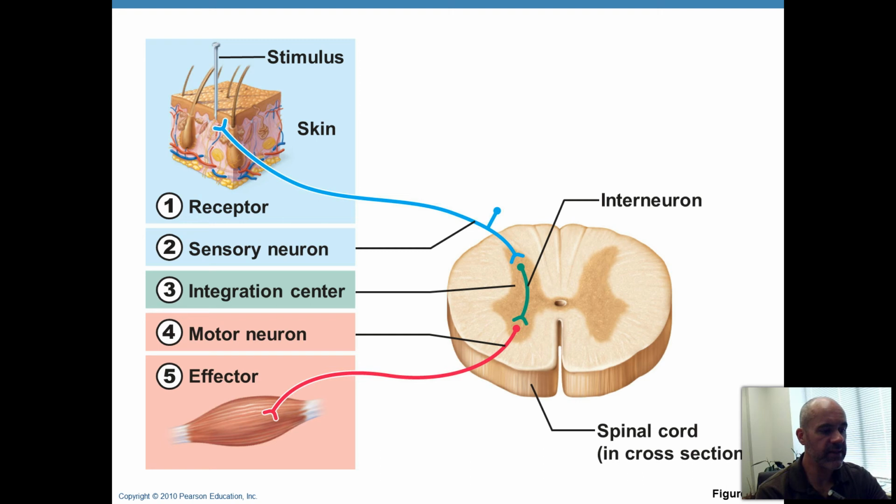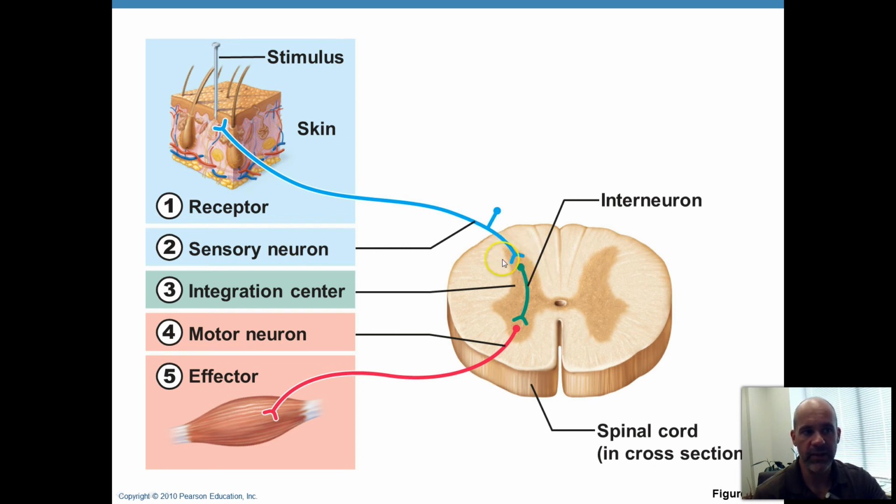All right, so here's a very simple example of a reflex. If you stick a nail into your skin, we all know that's painful. So you have sensory neurons that will detect the damage from this stimulus of a nail. That'll cause them to generate an action potential, which travels up here to the spinal cord. Here we have a synapse. There's an interneuron here.